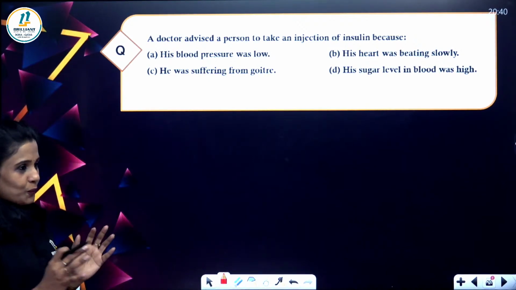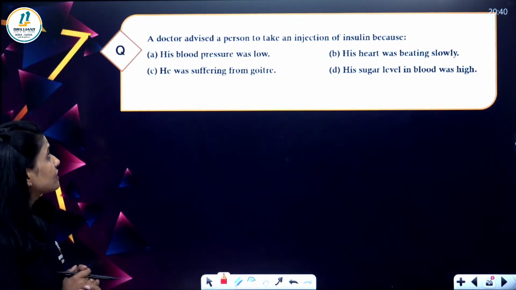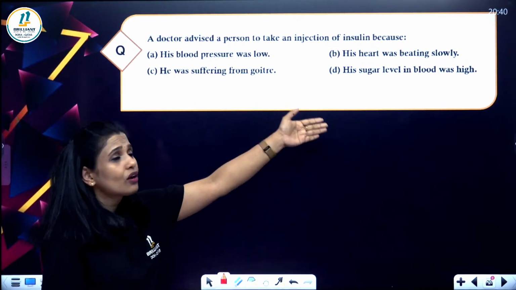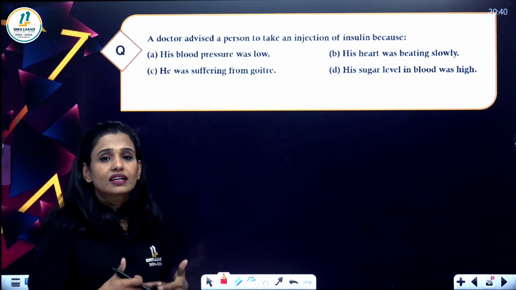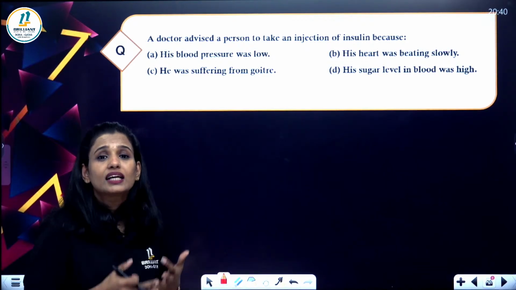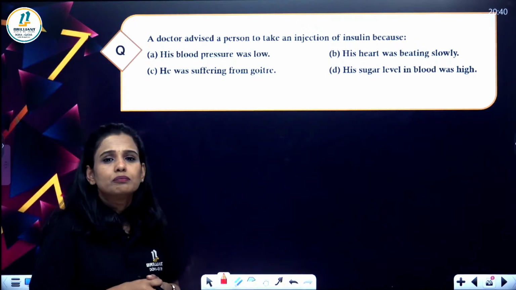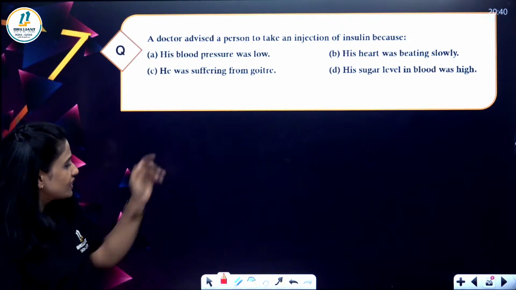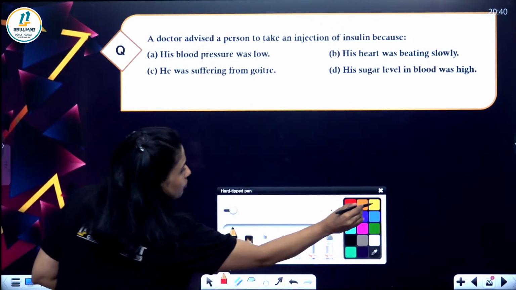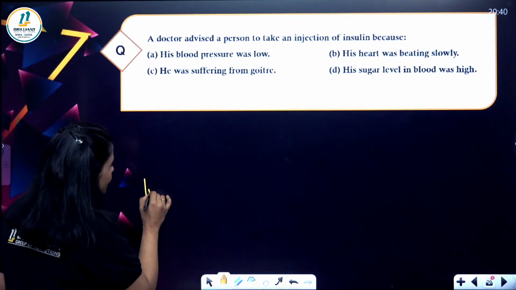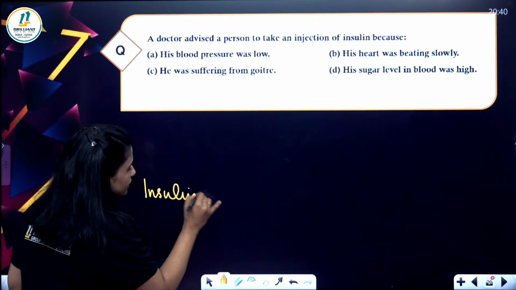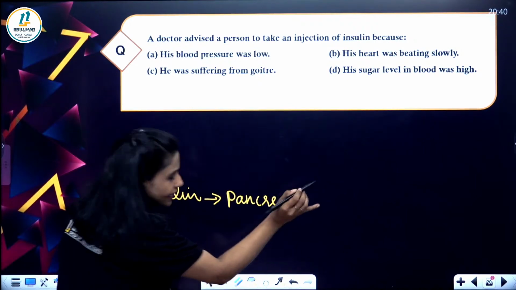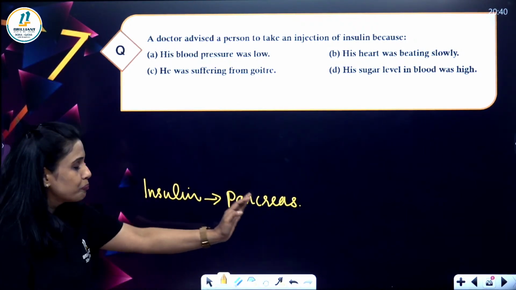Now, a doctor advised a person to take an injection of insulin. Because, what is the reason? We know that insulin is the hormone secreted by the gland pancreas.